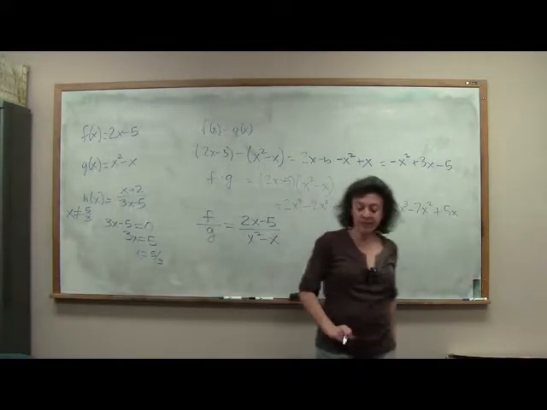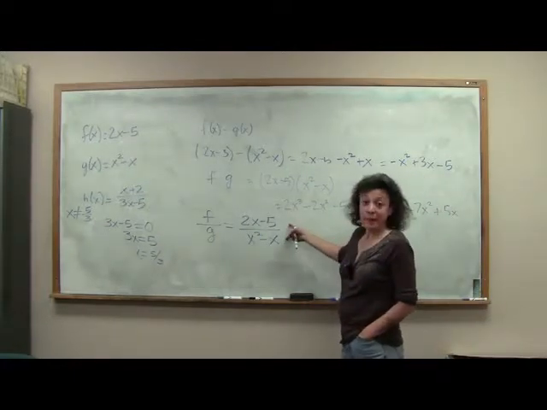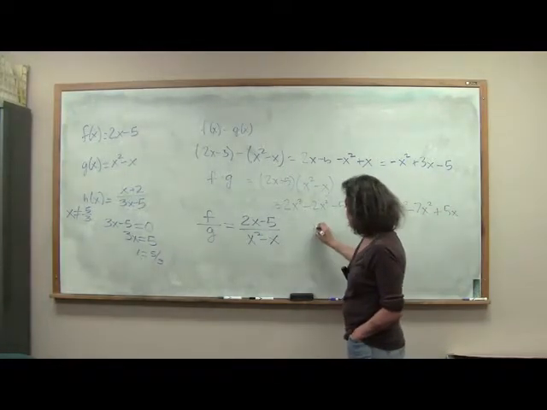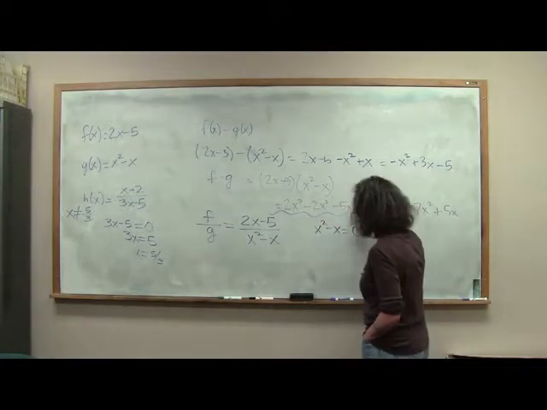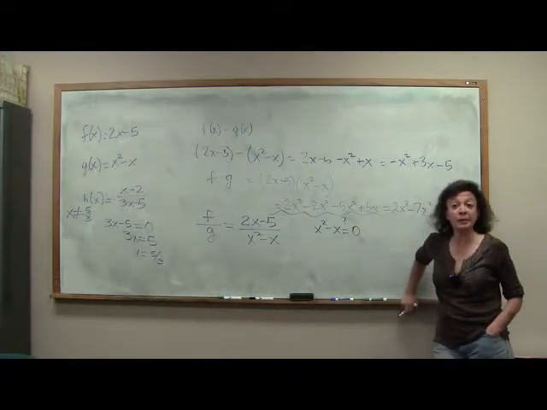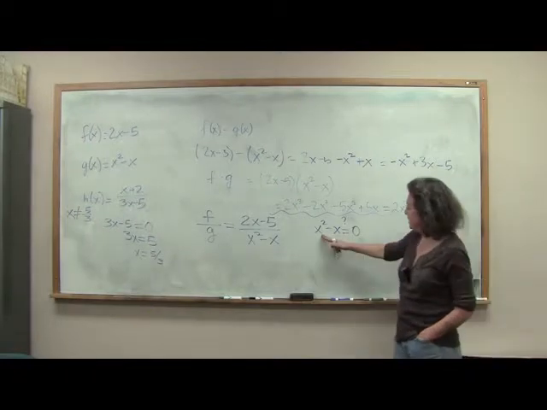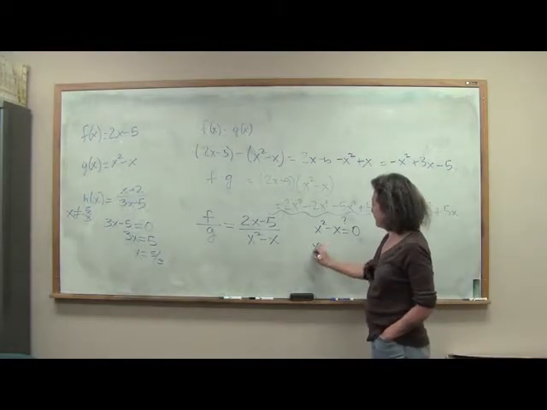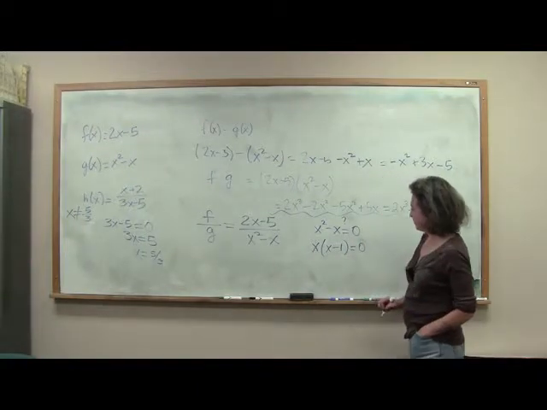So while we're on the topic of our domain, what's our domain here? Well, in this case, I can't have x squared minus x equal to 0. So I'll ask myself, where does that happen? Well, I think the easiest way to look at this is to factor. We can certainly pull an x out and we're left with x minus 1.